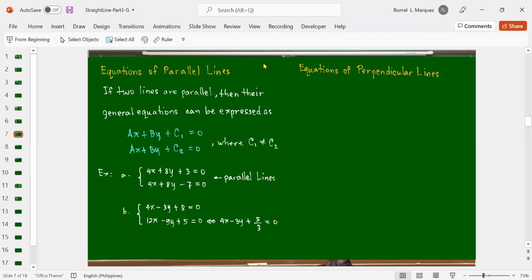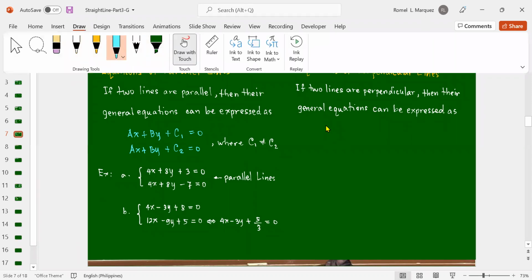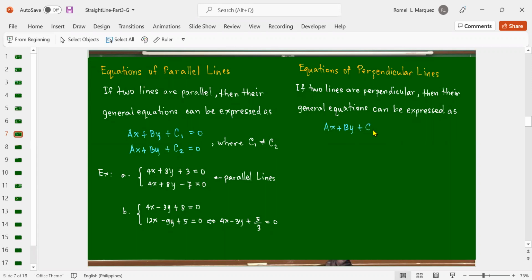If two lines are perpendicular, then their general equations can be expressed as ax plus by plus c sub 1 equals 0.